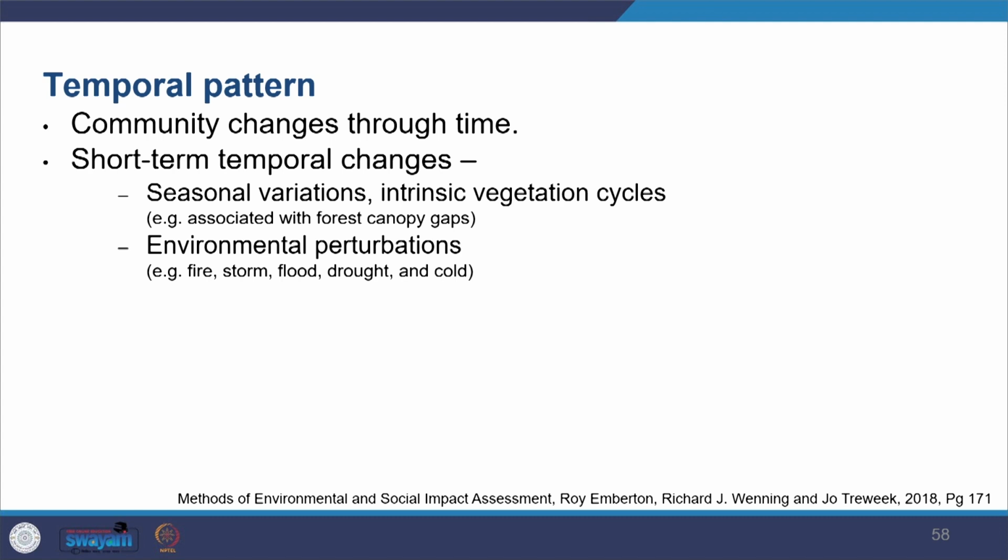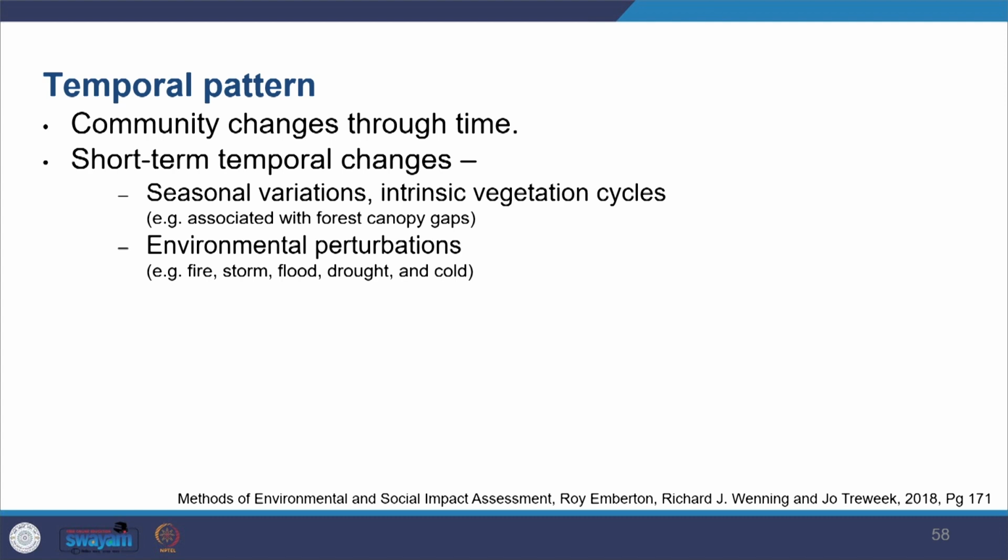So you see community changes through time. These plants, animals, microbes would change with time. Some changes are short-term changes, which include seasonal variation, and they change with the vegetation cycle, like how there is canopy, then there is springtime, then there is fall, and so the vegetation type and wood coverage would also change.